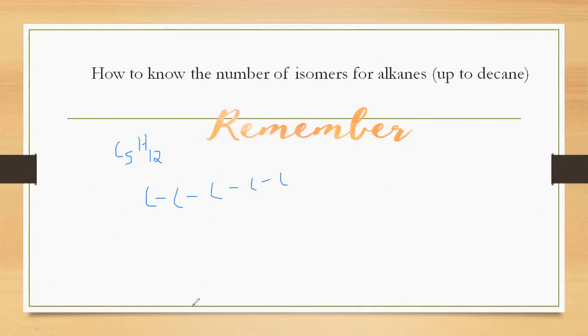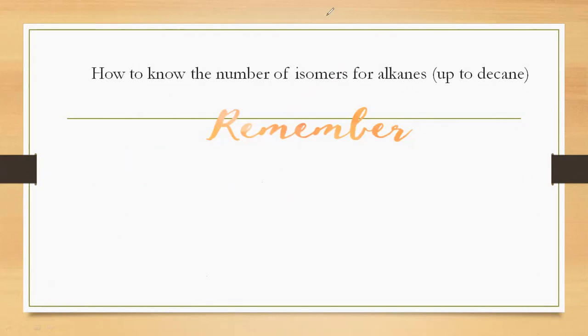Means you cannot take more than 1 minute, or 60 seconds per question. So if I have an alternate method, then definitely it is easy for me to find the number of isomers. If I have some formula, then I can directly apply the formula and get the number of isomers present.